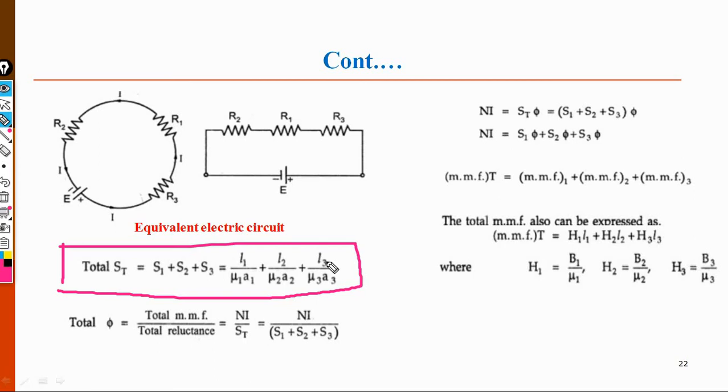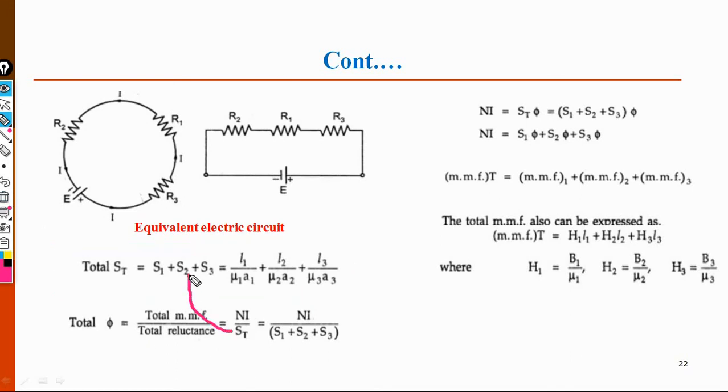Now we have to calculate the total flux present in the series magnetic circuit. The formula of total flux is total MMF upon total reluctance. Total MMF is N into I, where N is the number of turns and I is the current in amperes, upon ST. Putting ST as S1 plus S2 plus S3, phi is equal to N into I upon S1 plus S2 plus S3.